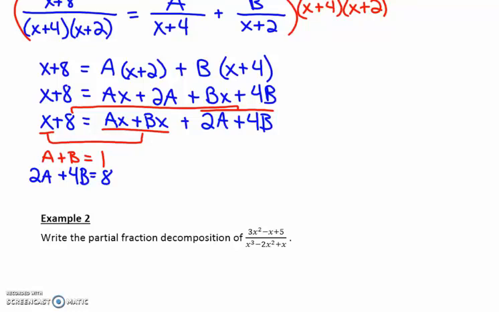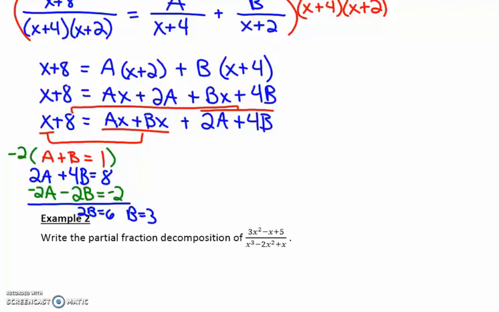Okay, so then we can multiply the first expression by -2. So we have -2A minus 2B equals -2. Then we can add those two together, and we get 2B equals 6, so B equals 3.